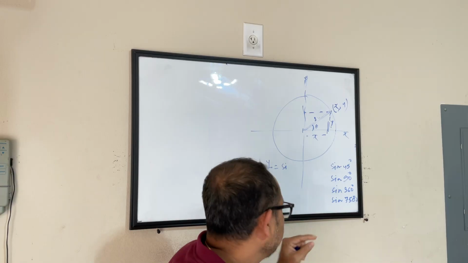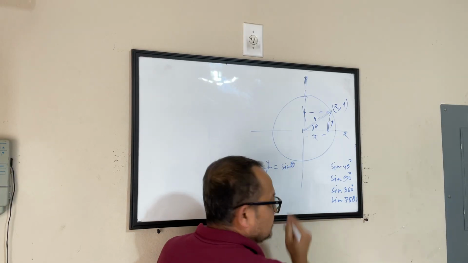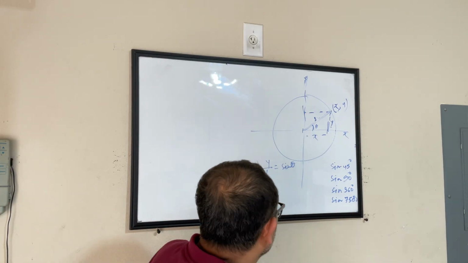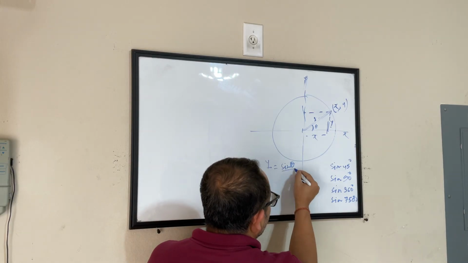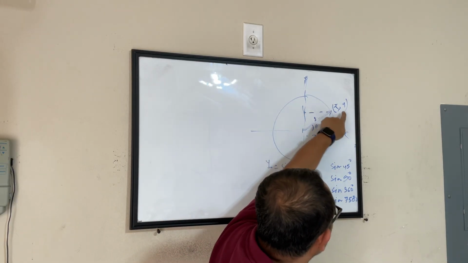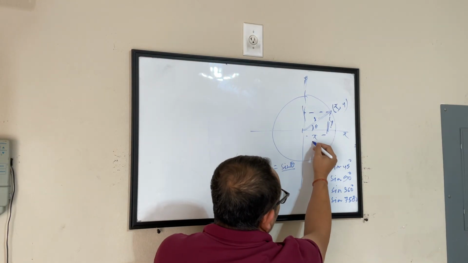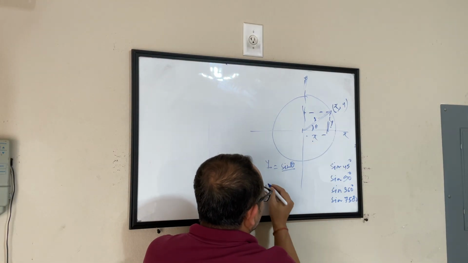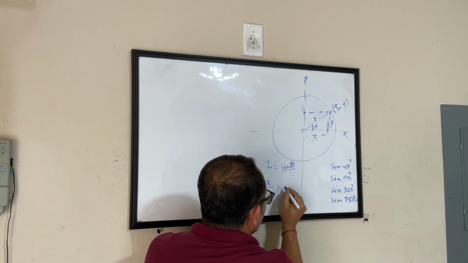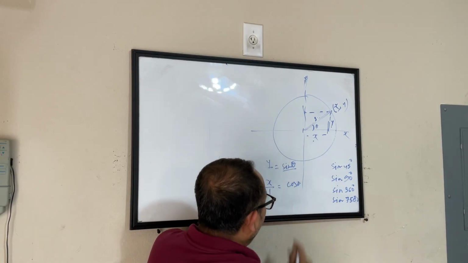Yeah, Chris. I was going to say sine. Sine theta? So that means my y coordinate value is sine theta. And same thing, if I look at this x with respect to this theta, x by 1 will be cos theta.